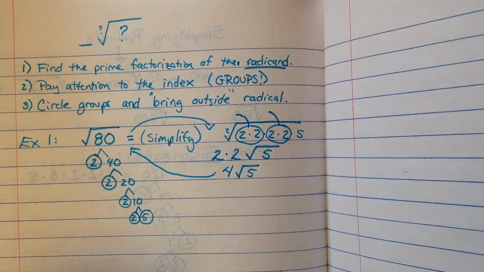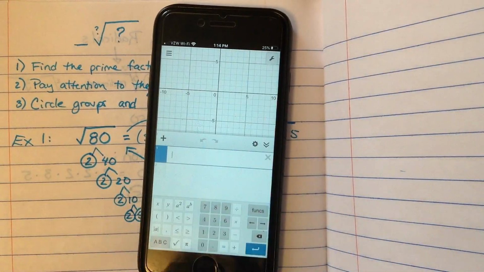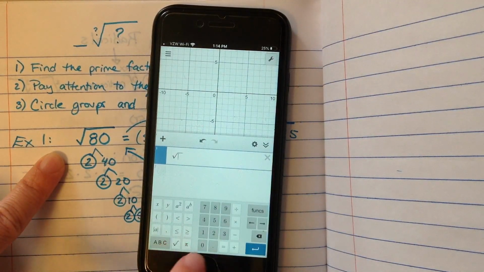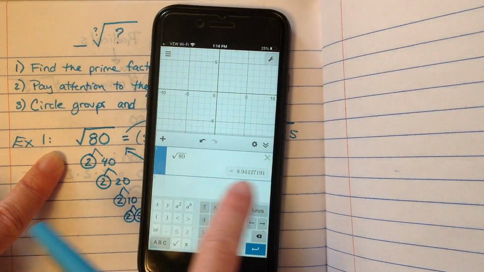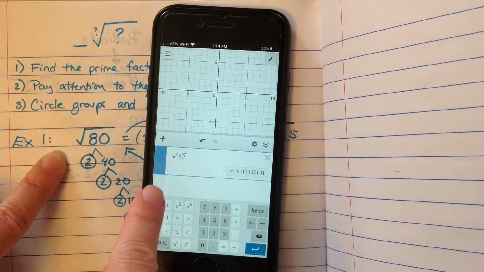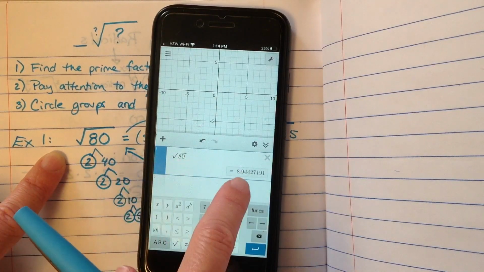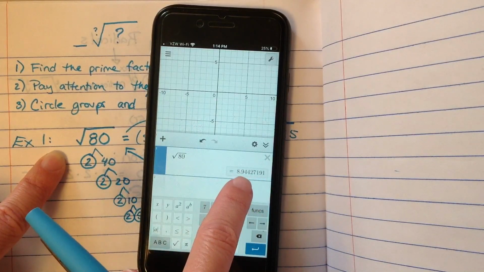Now, if you're curious to check yourself, which I always encourage, if we open up Desmos, either on your phone or on your calculator, and if I were to type in the square root of 80, I actually get this really long decimal number, 8.9427191, right? And we're not so much interested in the decimal number as we are, remember, about simplifying it.